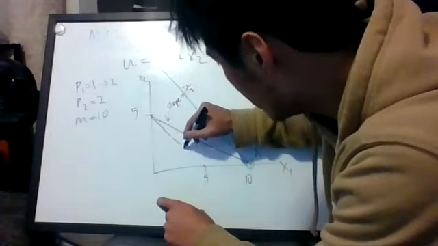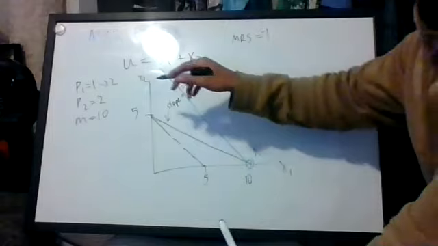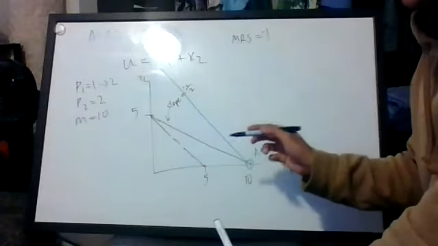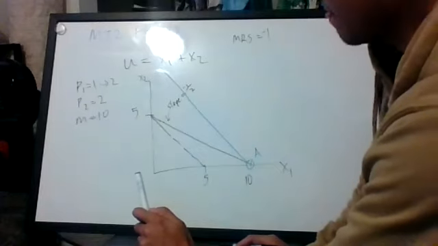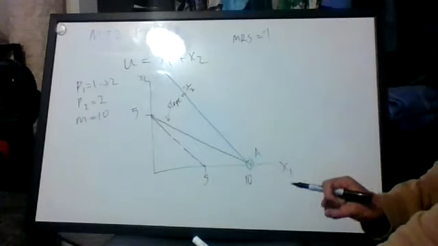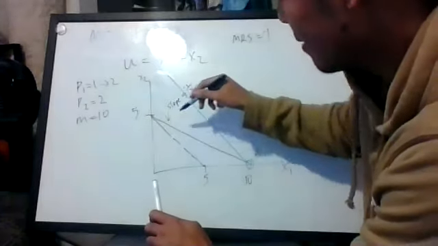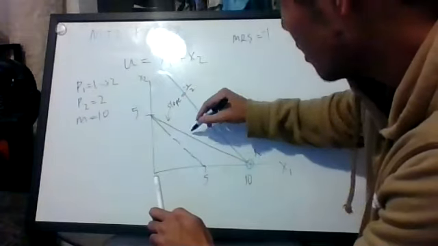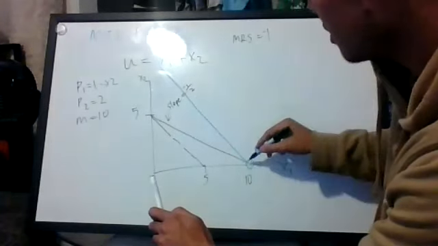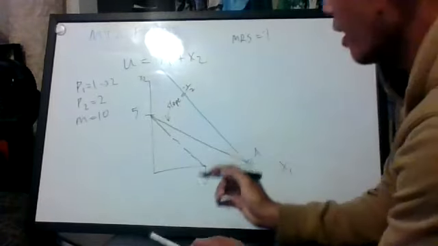But you'll notice that the slope of our MRS is now going to be the slope of our budget constraint, right? Which means that by the substitution effect, we know that it's got to have the same utility, which means it has to be on this same indifference curve, right?